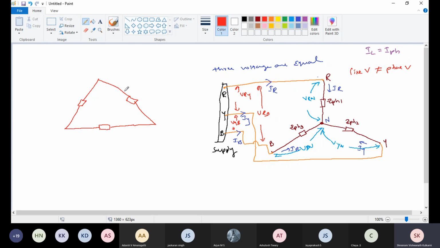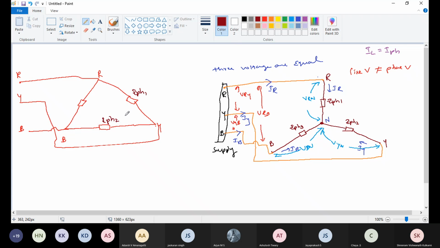This one is RYB, RYB is going to supply here R, Y and B. Now I can say Z phase 1, Z phase 2, Z phase 3.